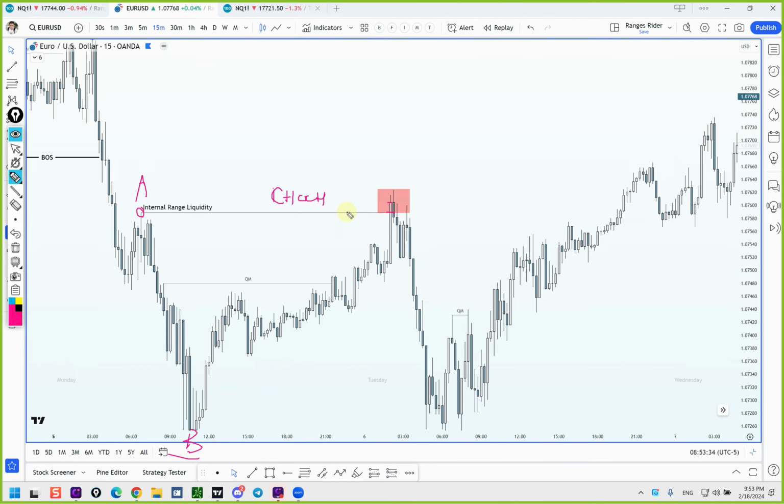And because for someone this is the change of character, it means someone turned bullish here, but it doesn't mean that he will enter here, of course. Then what he will do is say his range is now A to B.